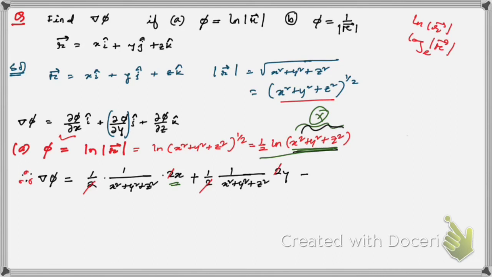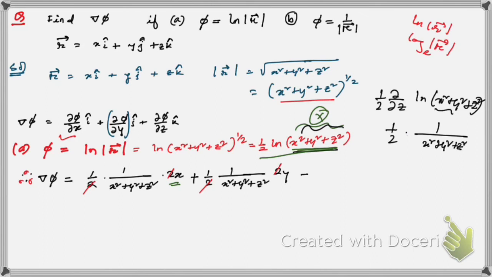Now when you find ∂φ/∂z of ln(x² + y² + z²) to the power half, the half is written outside, so then you will get half into 1 by (x² + y² + z²).